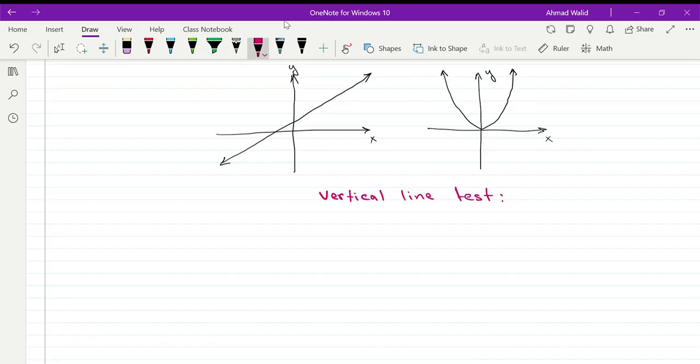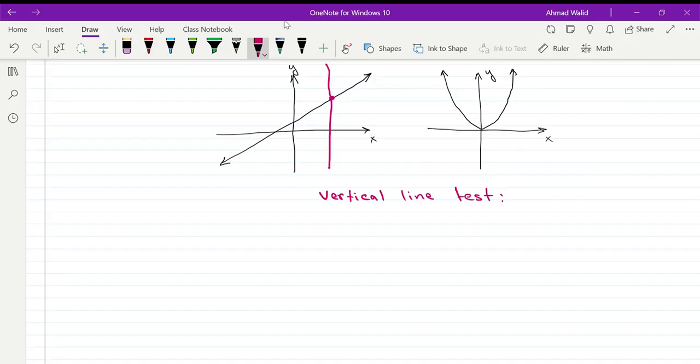Draw a vertical line in different parts of your function. For example, here. If your vertical line intersects the graph only once, in one point, that graph represents a function.